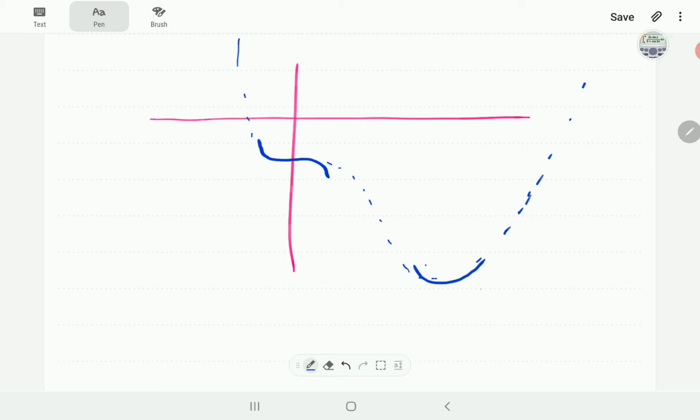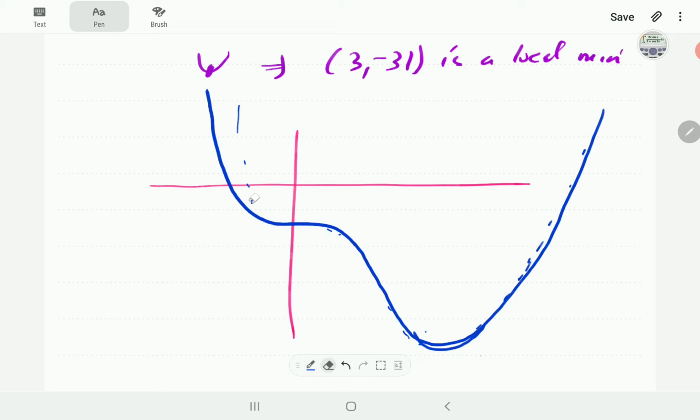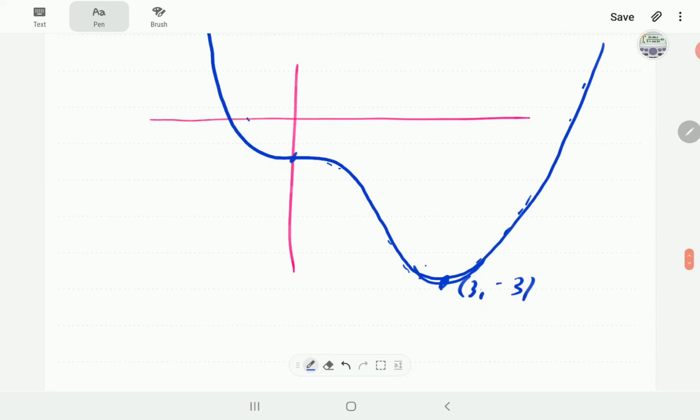Indeed, that is what the graph of this is going to look like. So that's going to be the shape of our curve. This point is (3, -31). This is (0, -5).